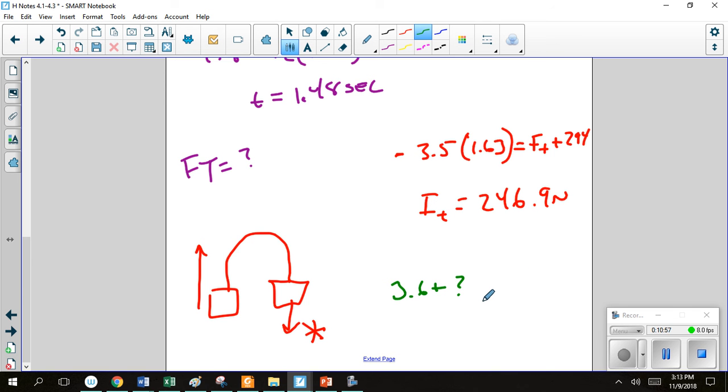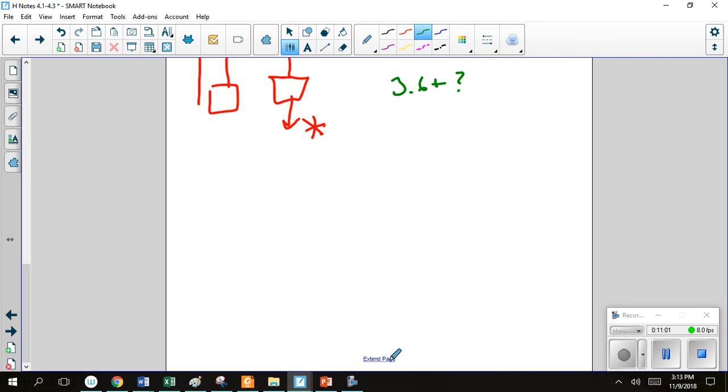And what we need to do here is go back to that time that we had from before. That time tells us how long it was accelerating for. So our acceleration is 1.63. That equals how fast we ended up going minus it was at rest, divided by our 1.48.